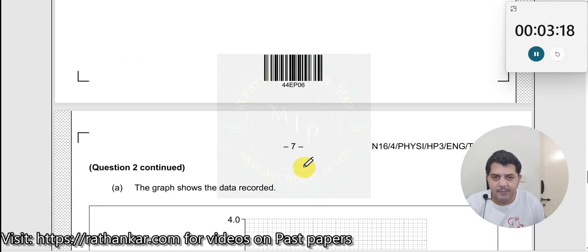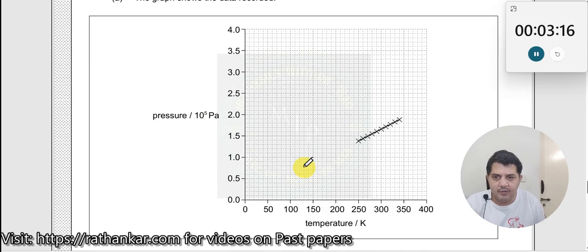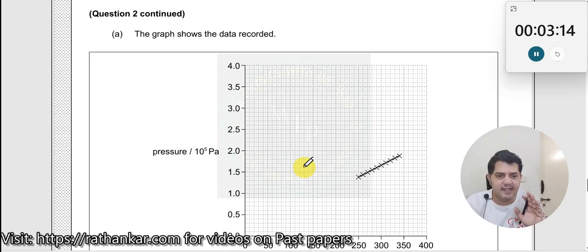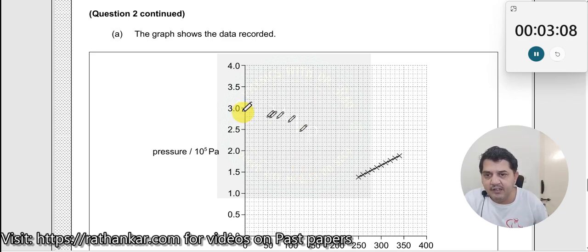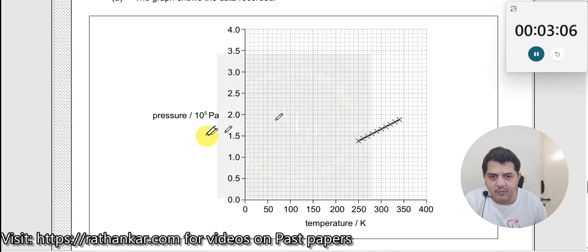By now you would have thought of what could happen, but since it's a data analysis question, let me assume that you don't have any idea of thermal physics. The graph shows the data recorded. Now what do you see in the graph here? You see that the pressure and temperature are related like this, and the graph is hanging here. It's not starting from the origin. Why?